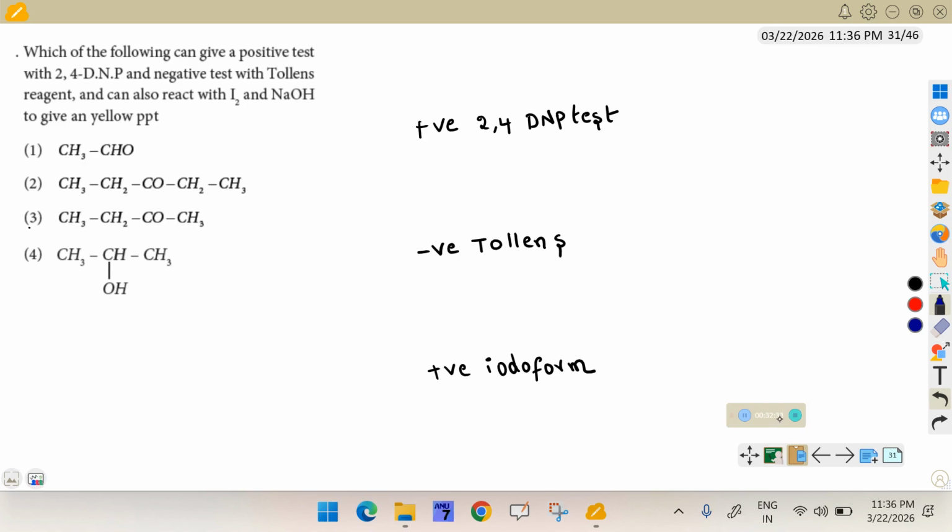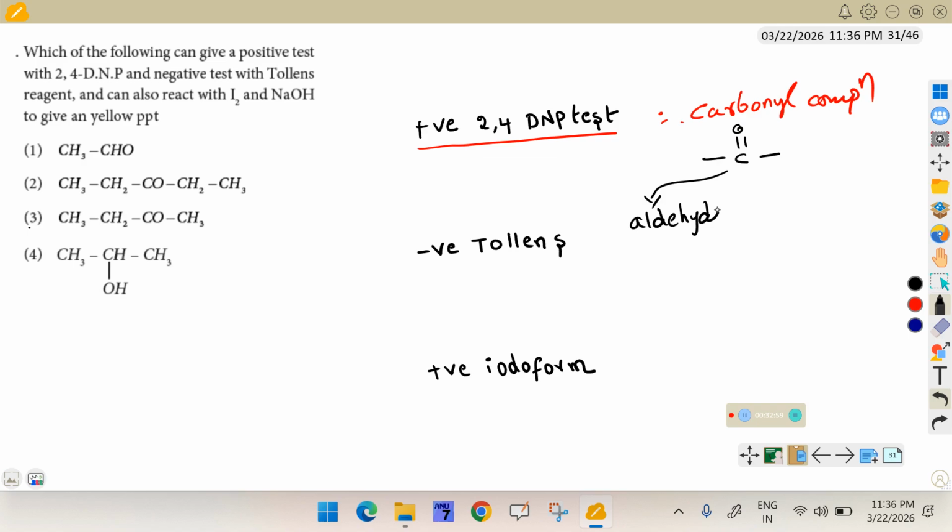Which of the following can give a positive test with 2,4-DNP? A compound which gives a positive 2,4-DNP test is a carbonyl compound. That means the C=O group is present. That may be an aldehyde, RCHO, or a ketone, RCOR.